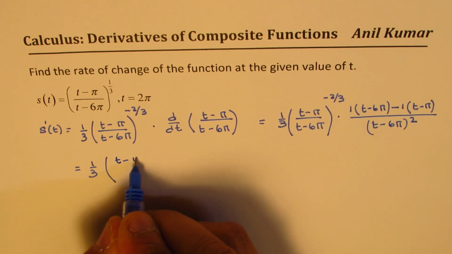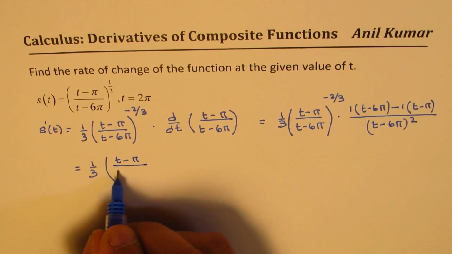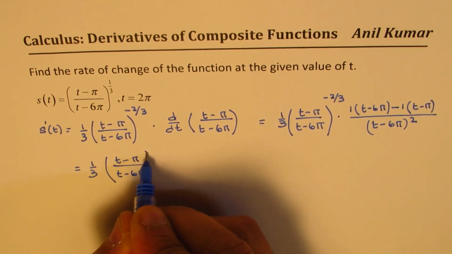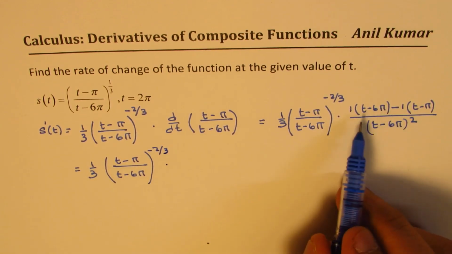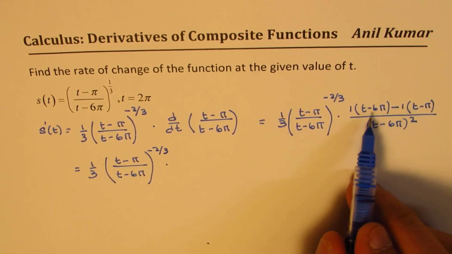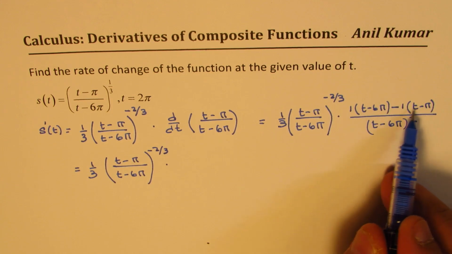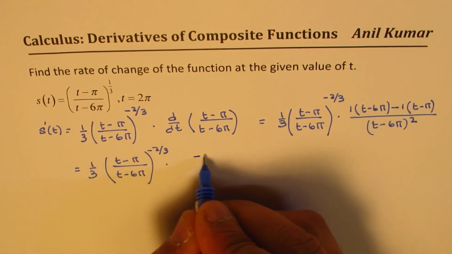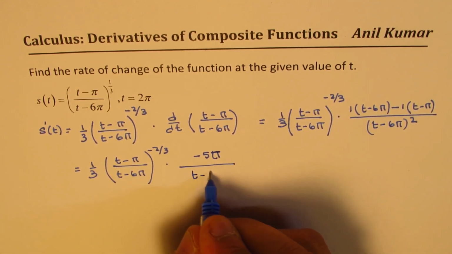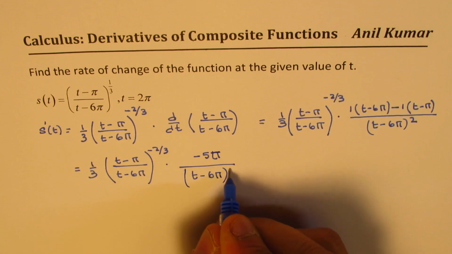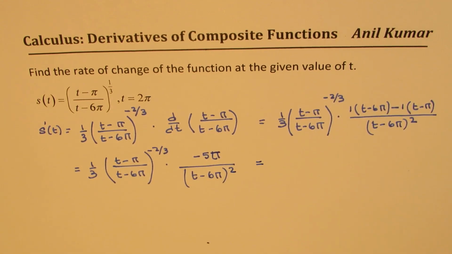First let's write like this only: (t minus pi over t minus 6 pi) to the power of minus 2 over 3 times. Here we get t minus t is 0, minus 6 pi minus minus becomes plus, so we get minus 5 pi, divided by t minus 6 pi whole square, right.